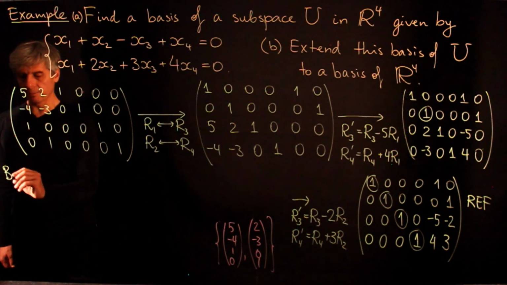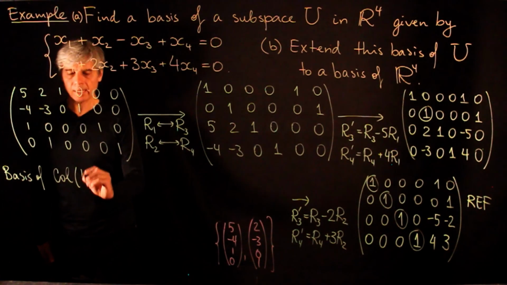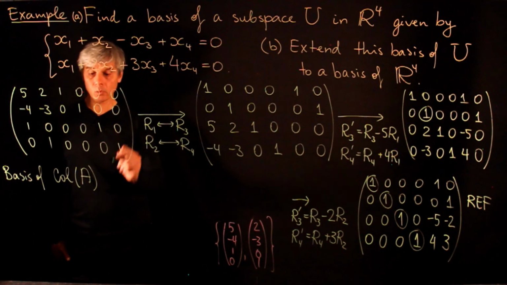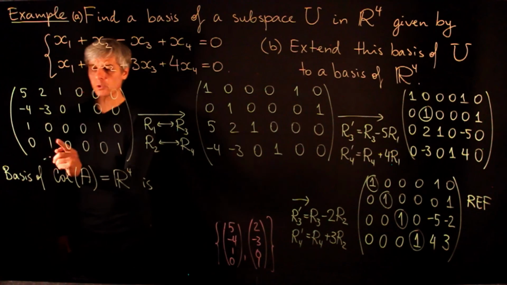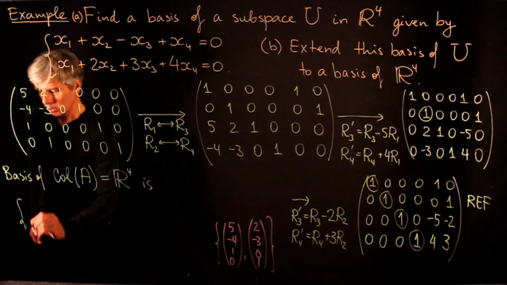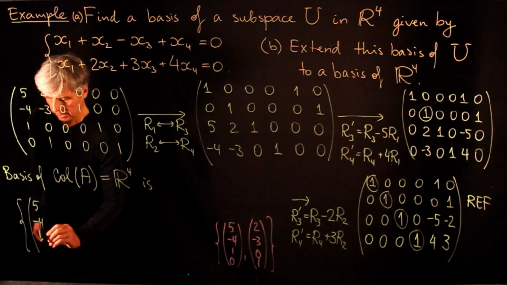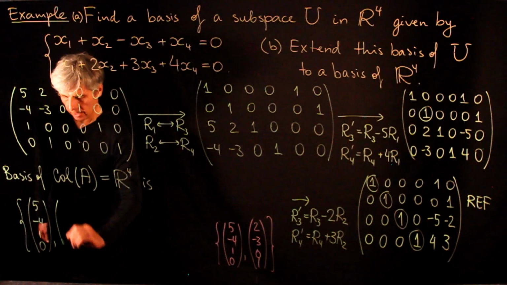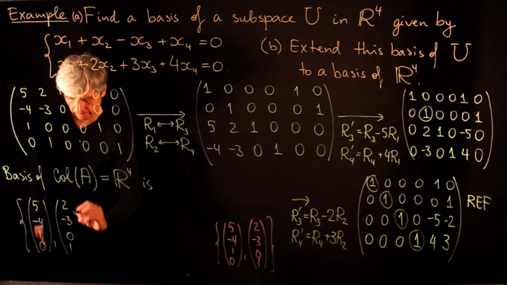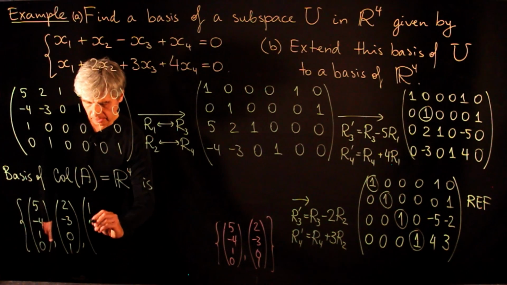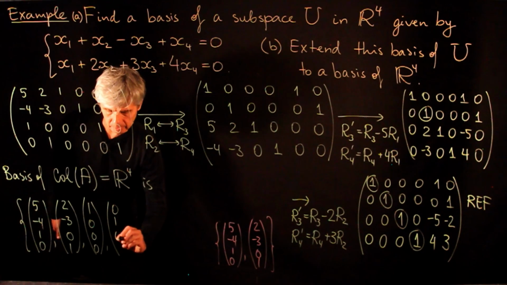So what we get is that the basis of the column space of A, which we know here is R4, is the first 4 columns of this matrix. So this will be 5, negative 4, 1, 0. And then 2, negative 3, 0, 1. Then 1, 0, 0, 0. And 0, 1, 0, 0.